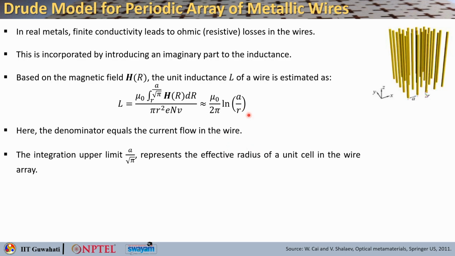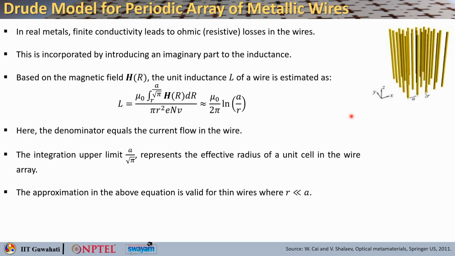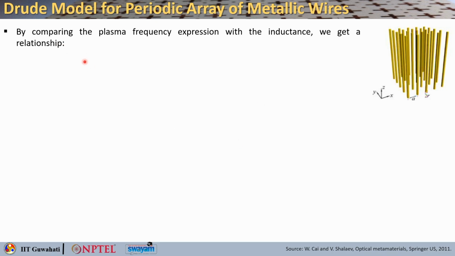So, here you can see the denominator basically equals the current flow in the wire, and the integration upper limit, which is A by root pi, basically represents the effective radius of the unit cell in this wire array, right. So, what is the validity limit for this particular expression? You will see that these are all valid for very thin wires where r is considered to be much smaller than A.